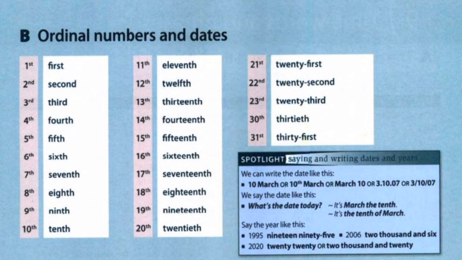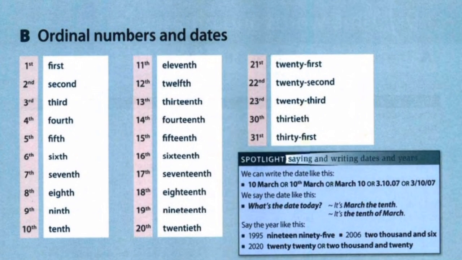Like first, the last 2 letters ST come above the number 1. Second, the last 2 letters ND come above the number 2. Third, the last 2 letters RD come above number 3. Numbers after third usually take TH at the top.